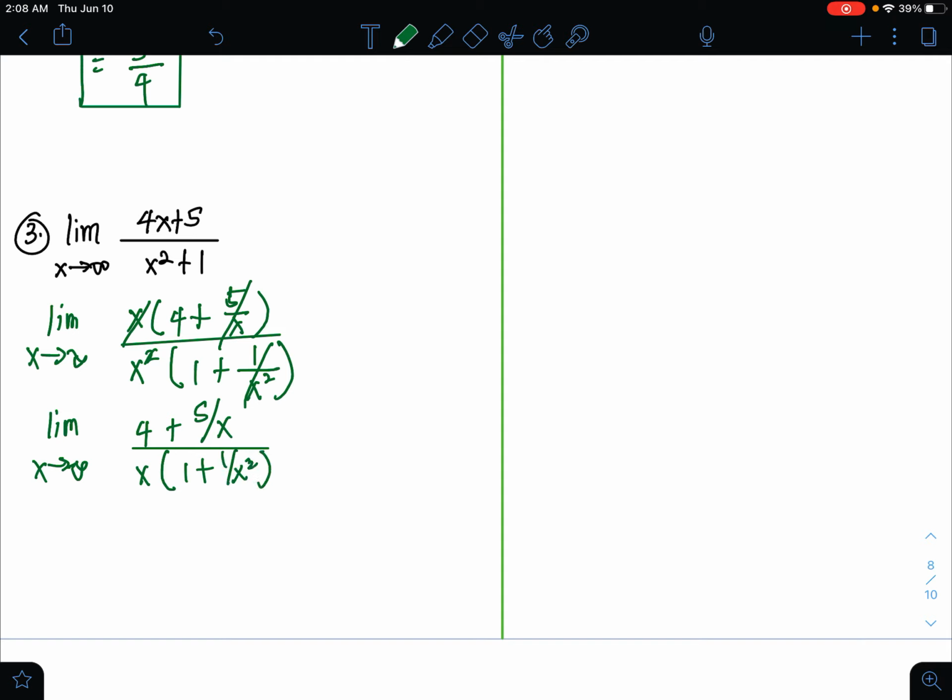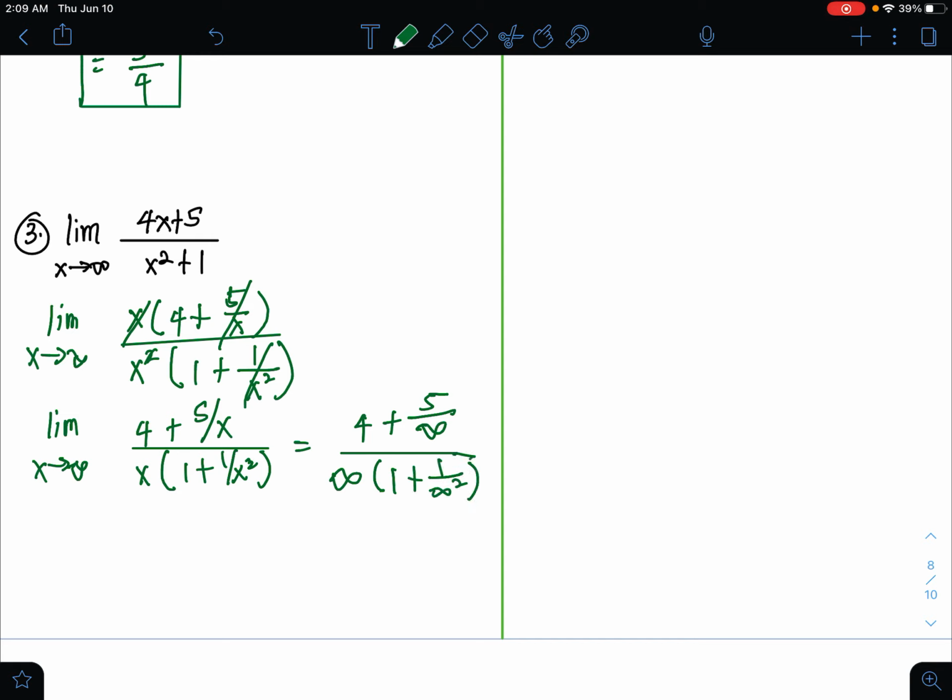So, as x approaches infinity, mahitabo siya as 4 plus 5 over infinity, all over infinity times 1 plus 1 over infinity squared.